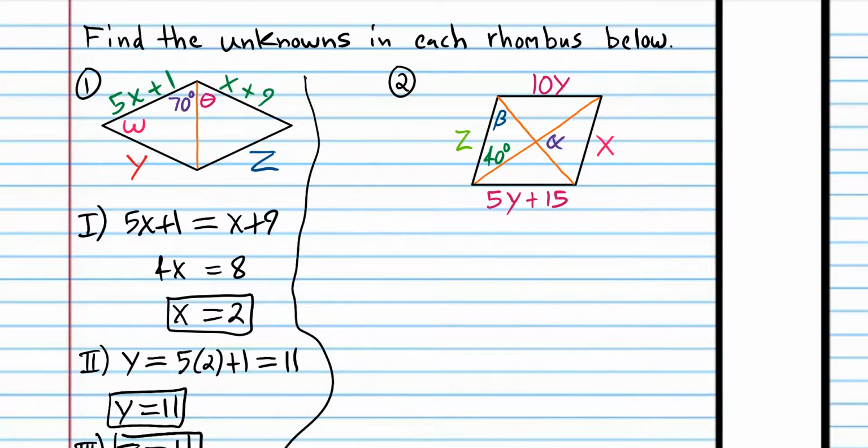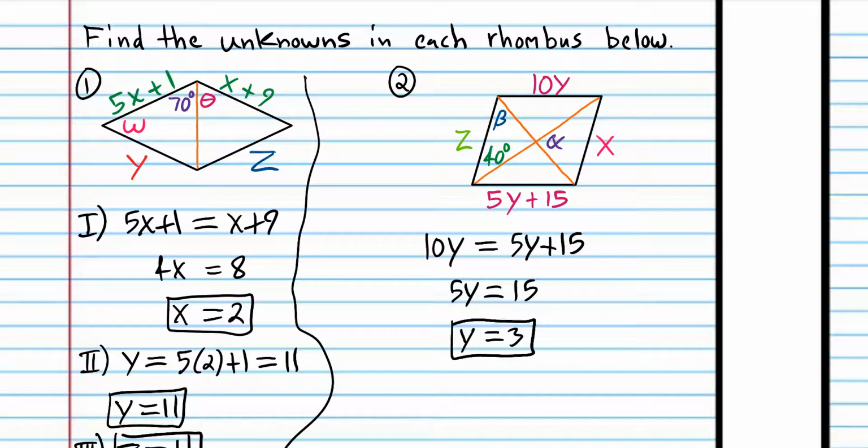So this is a rhombus. That means that all sides are congruent. So we know that those sides must be equal. Y is equal to 3 with just basic algebra. And that means that z is equal to, we can just take one of those sides.